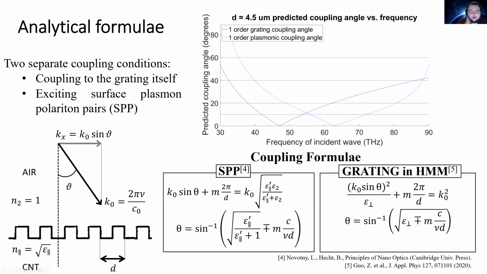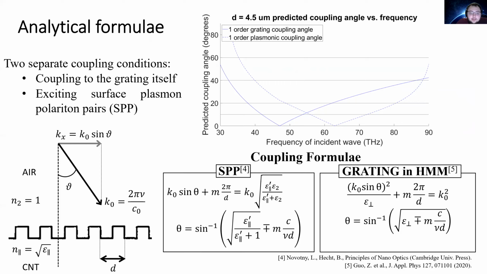There are two separate conditions that we've found that will result in single-wall carbon nanotubes taking in infrared light and thereby re-emitting it at some later time. The first is exciting surface plasmon polariton pairs, which is a fairly well explained phenomenon in metals.